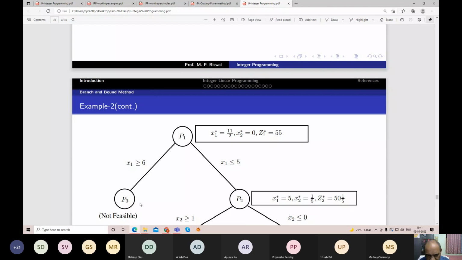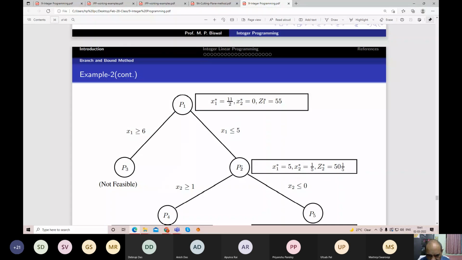Now you impose x1 less than or equal to 5. Once you impose this, we have a solution. What is the solution here? x1 equal to 5, x2 equal to 1 by 5, and z2 equal to 50 and 1 by 5. Already x1 is an integer. Which is not integer? x2 is not an integer, it is 1 by 5.